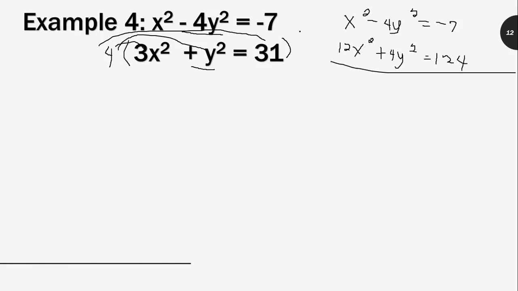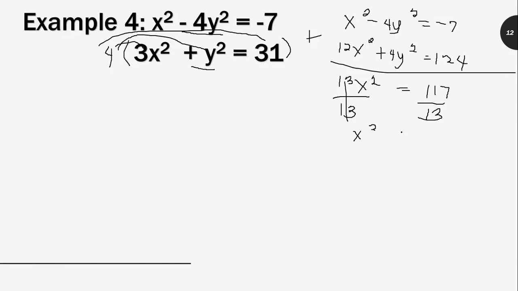And then add x squared plus 12x squared, we got 13x squared. Negative 4y squared plus positive 4y squared, 0. And then equal to 124 minus 7, we got 117. Then divide both side by 13.